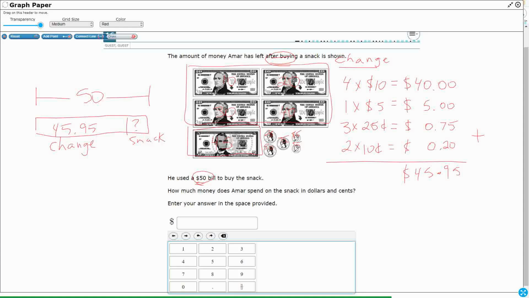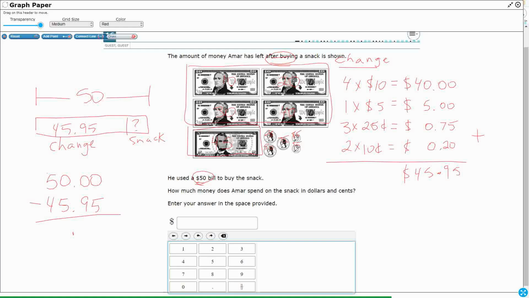All right, so if we put in that part whole, we can see, all right, we're going to need to subtract. Now, when we subtract, we're going to have a whole bunch of zeros. So $50 is going to look like this, $50.00 minus $45.95. So a lot of subtracting across zeros, right?